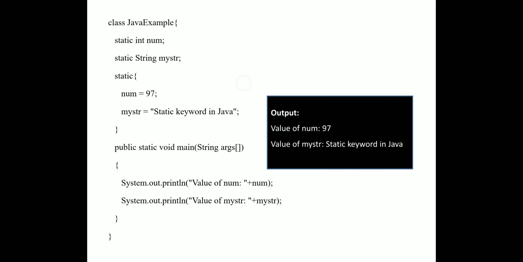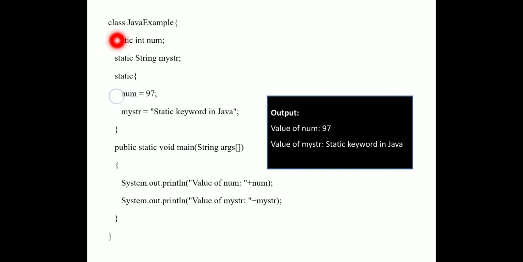Here is a static block example. First, we give the class name as JavaExample. Here the data members are static int num and static String myStr.